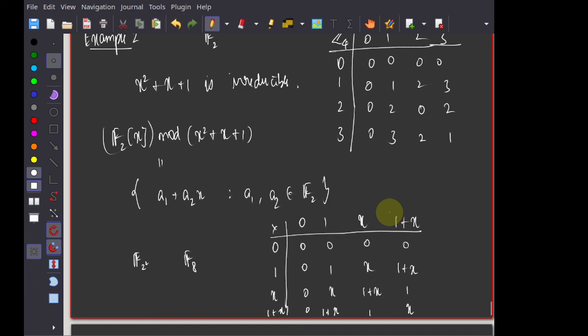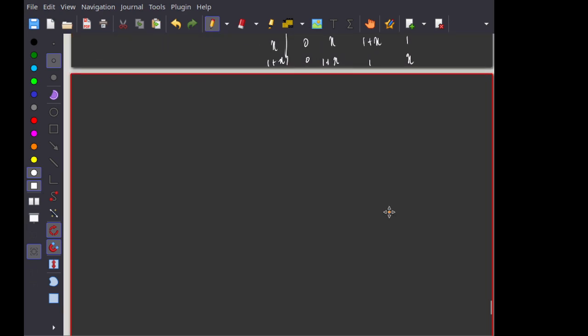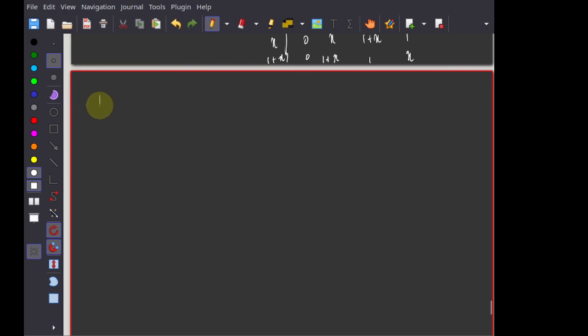So that is what it means by an isomorphism. So what exactly is an isomorphism? You take any F and F prime.